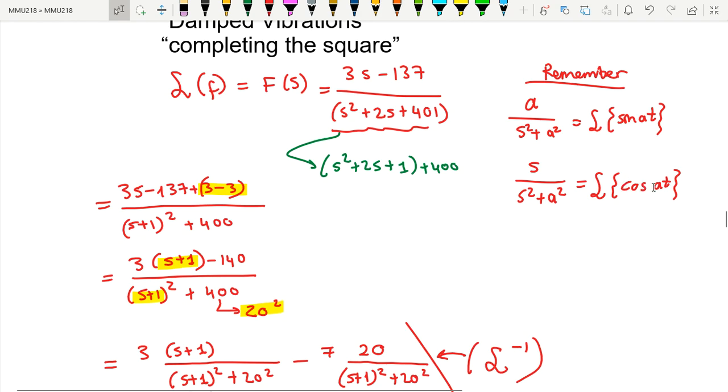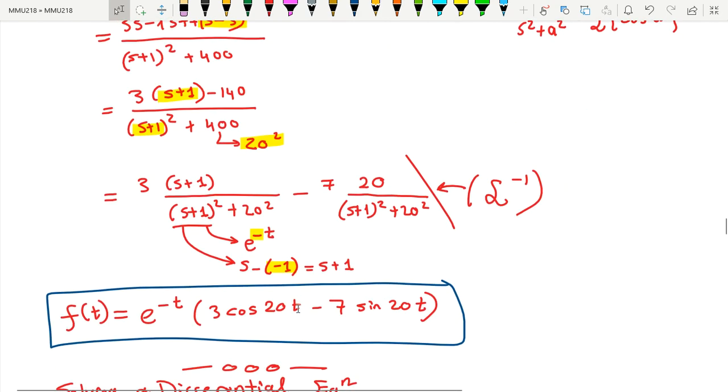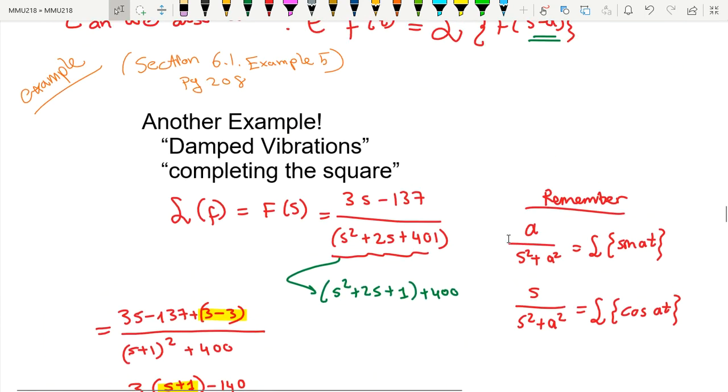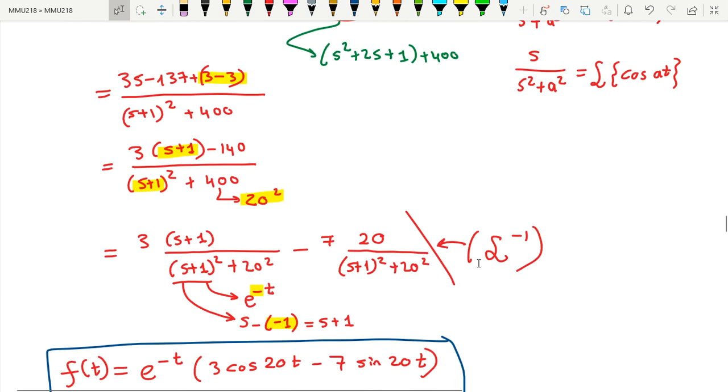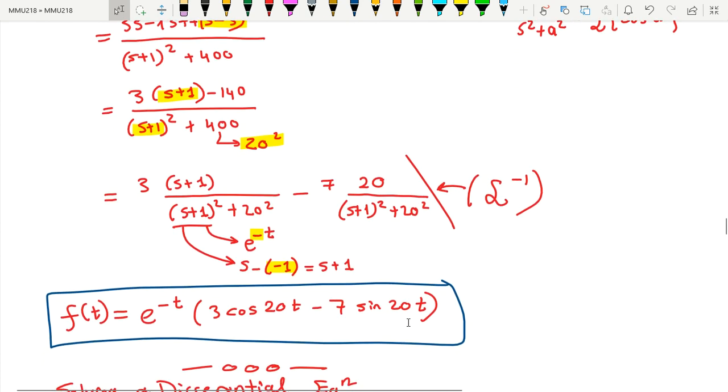So cosine 20t, and 3 is my scalar coefficient that appears here, minus 7 sine 20t. Why? Because sine is related to the a here, with s plus 1 squared plus 20 squared, and 20 appearing on the numerator. That's going to be a sine 20t function there.